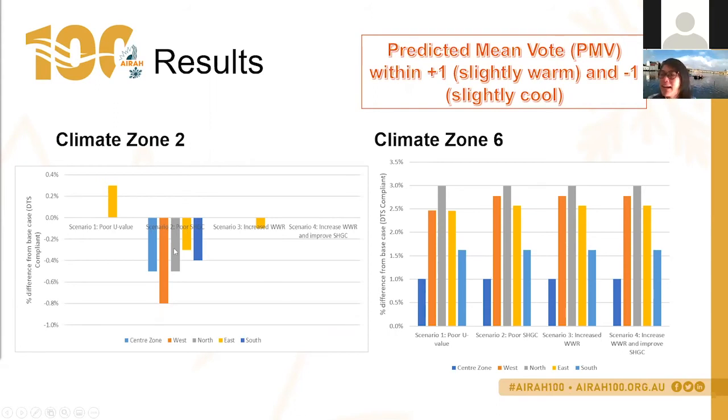Quite odd, I have to say. But I would like to bring your attention to climate zone 2, where we see that when we reduce our glazing performance, going from tinted to clear, so we've increased our solar heat gain coefficient, thermal comfort actually reduces, and it's noticeable here.